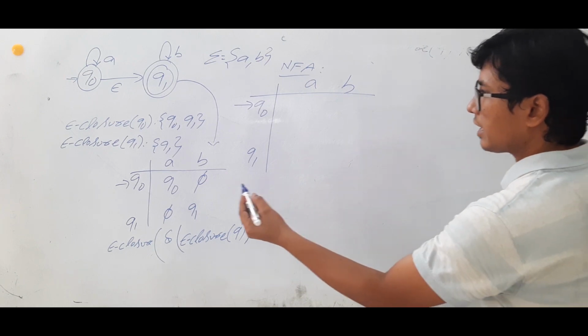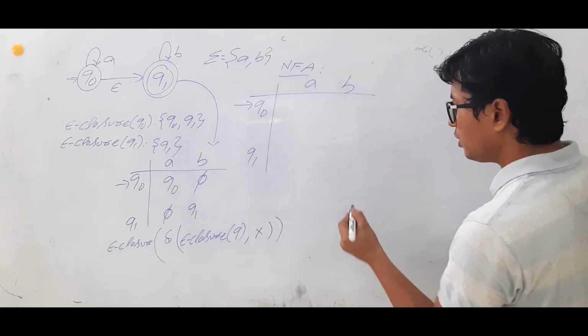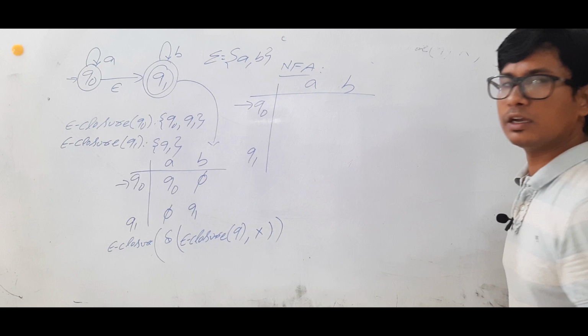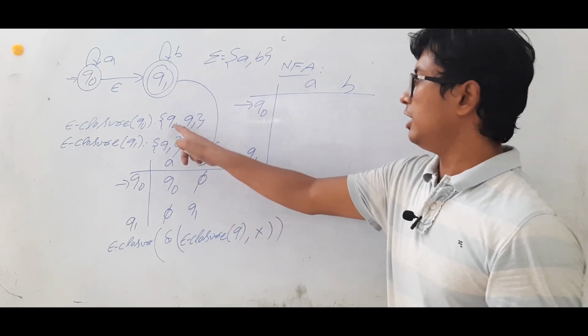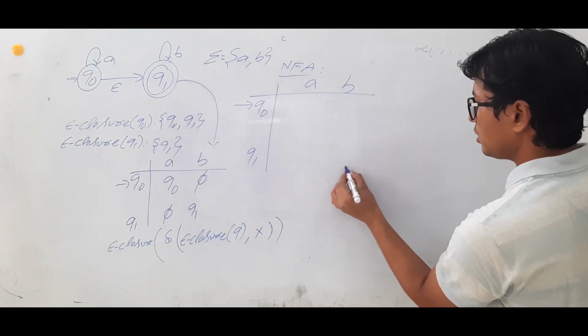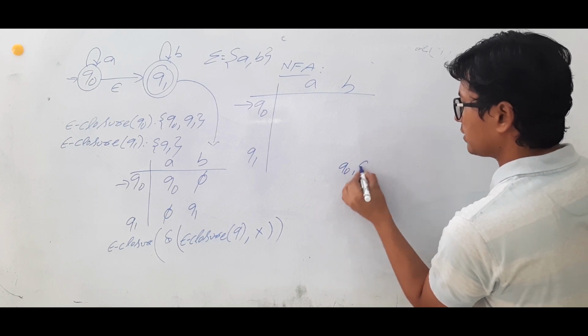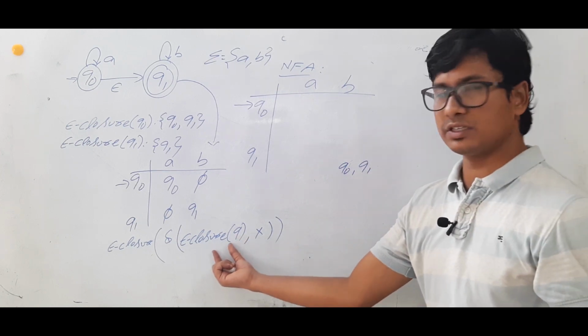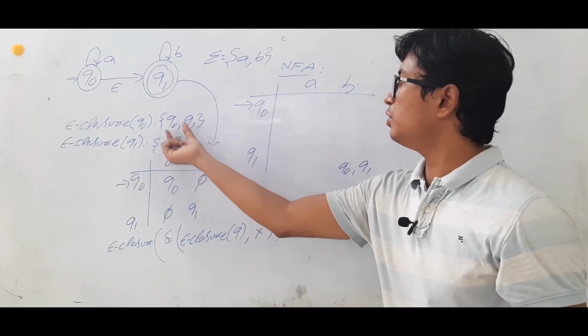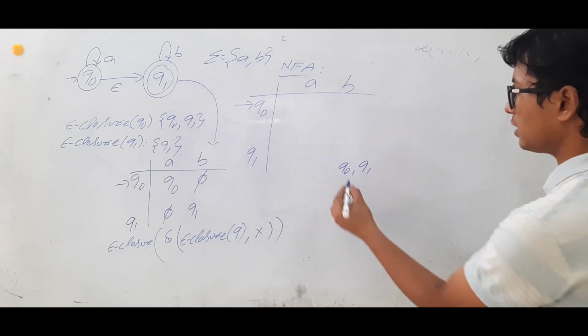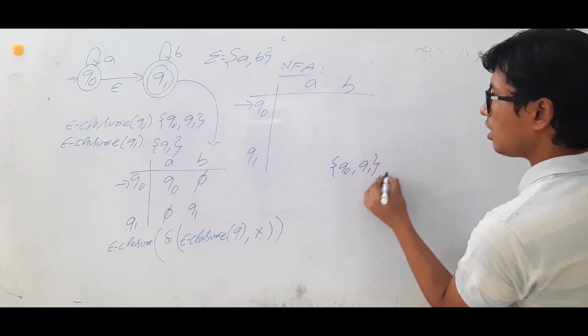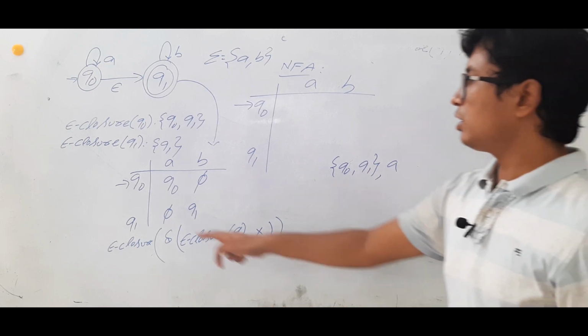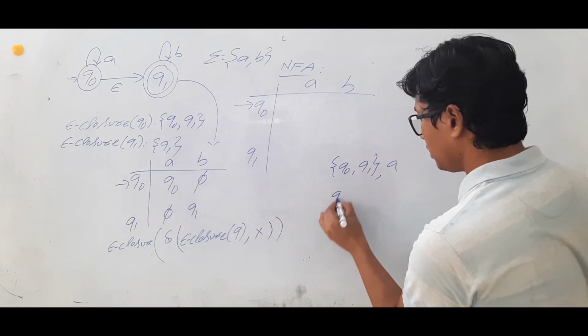Now, as they are asking Q0 on A, first I need to calculate the epsilon closure of Q0. Epsilon closure of Q0 is Q0, Q1. Now Q0, Q1 on A, where is it going? Q0 on A is going to Q0.